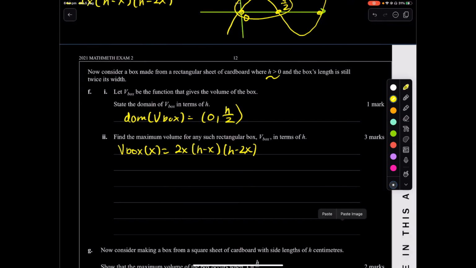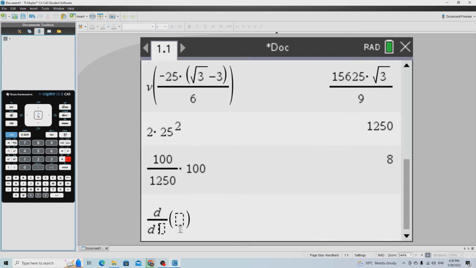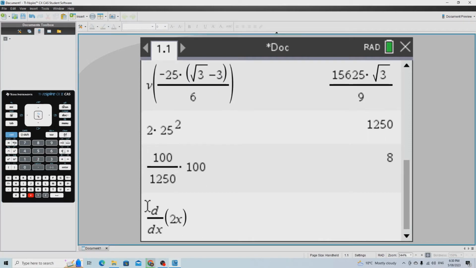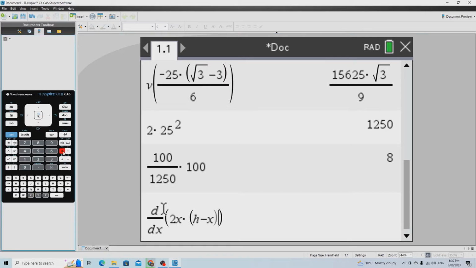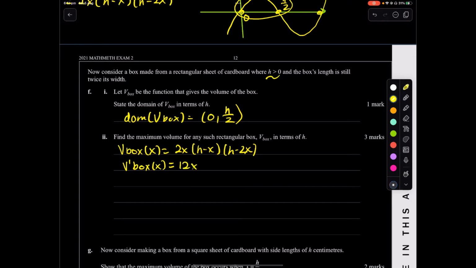So I'm going to say V dash box of x is what? We want 2x times h minus x times h minus 2x. Is that right? Yep. Enter, we get this expression over here: 12x squared minus 12hx plus 2h squared.